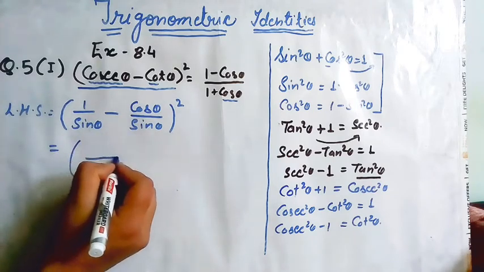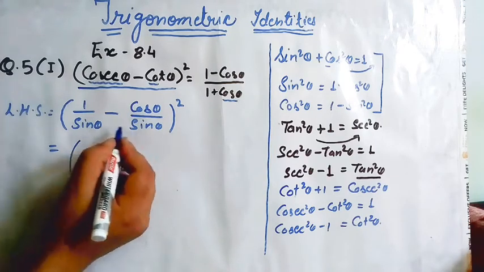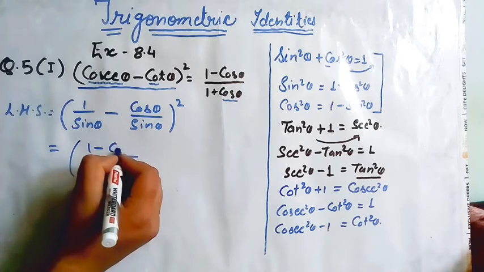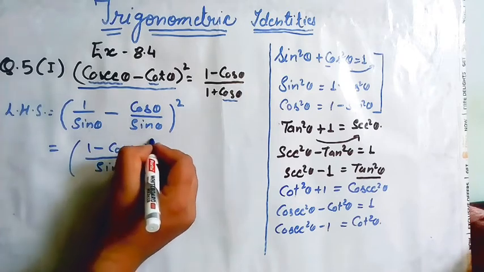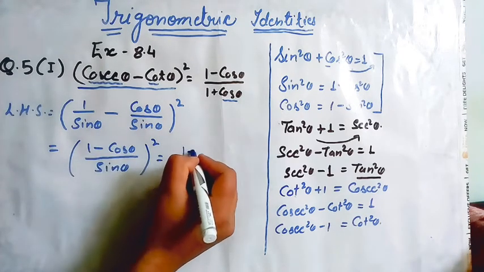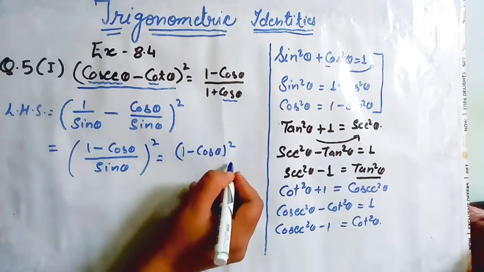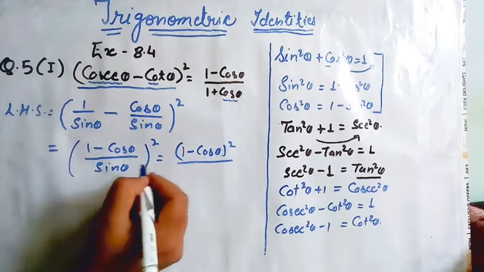Now inside the brackets LCM is sin theta and numerators will be as it is, so numerator is 1 minus cos theta and we have whole square. So let us write this whole square as the square of numerator and denominator separately.